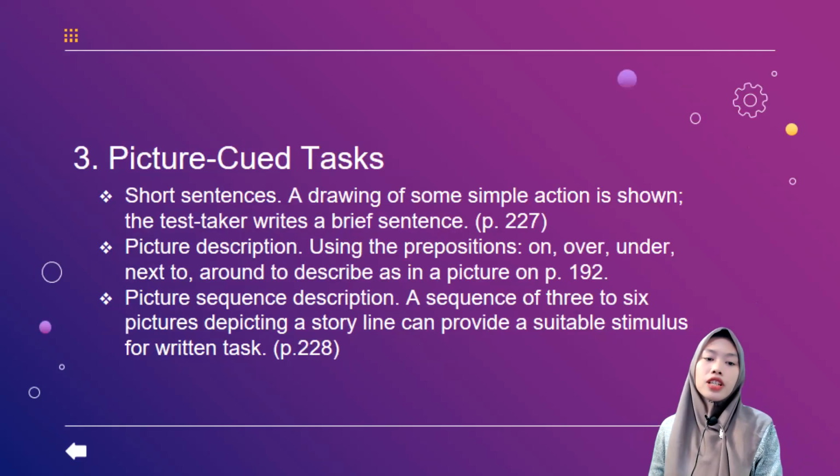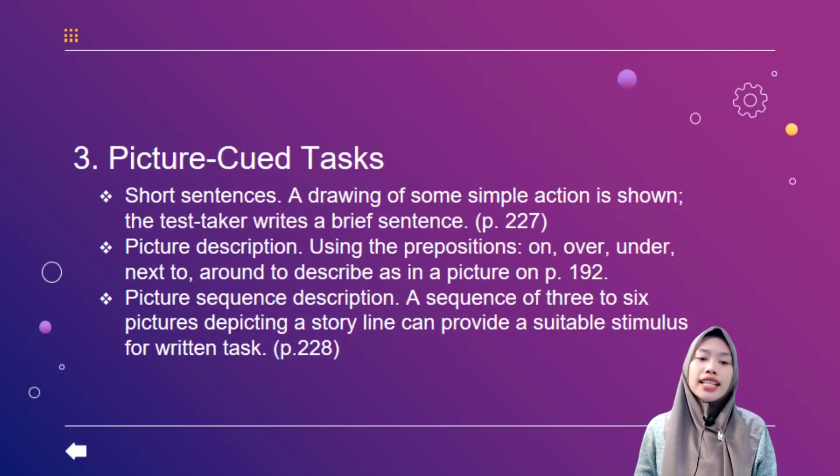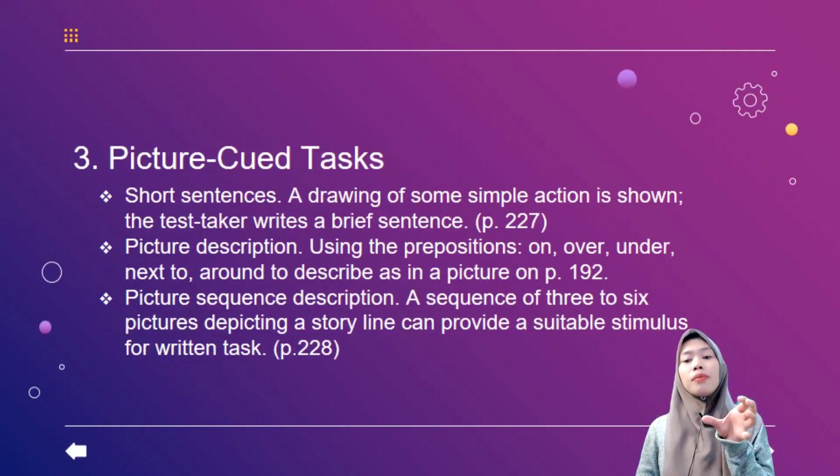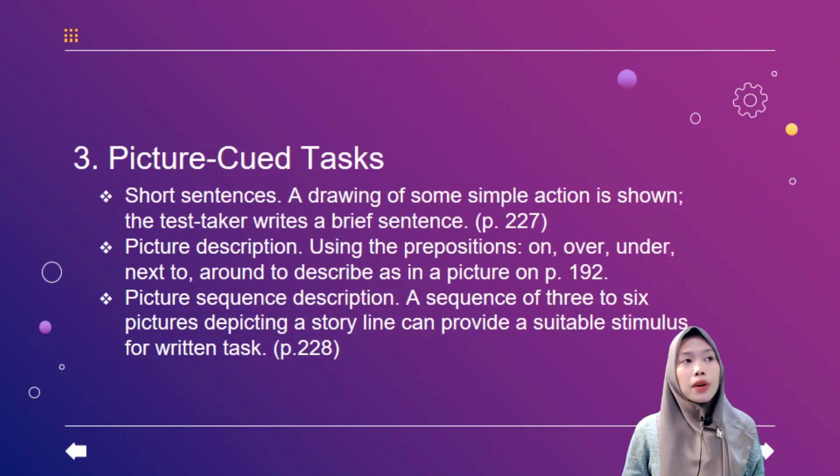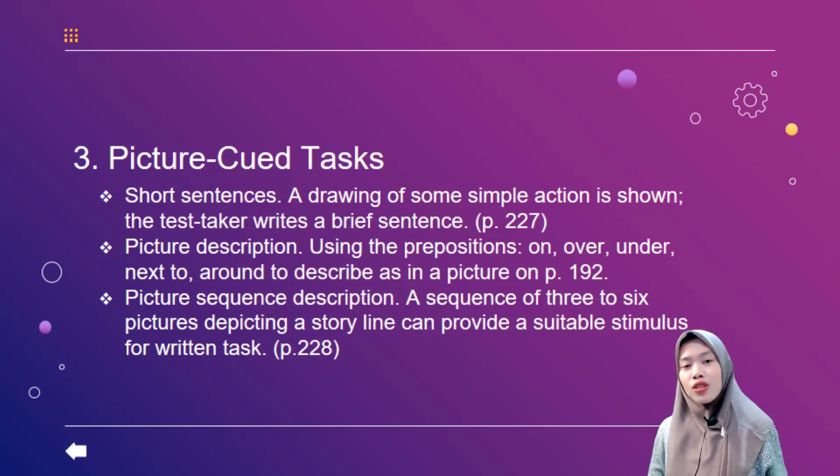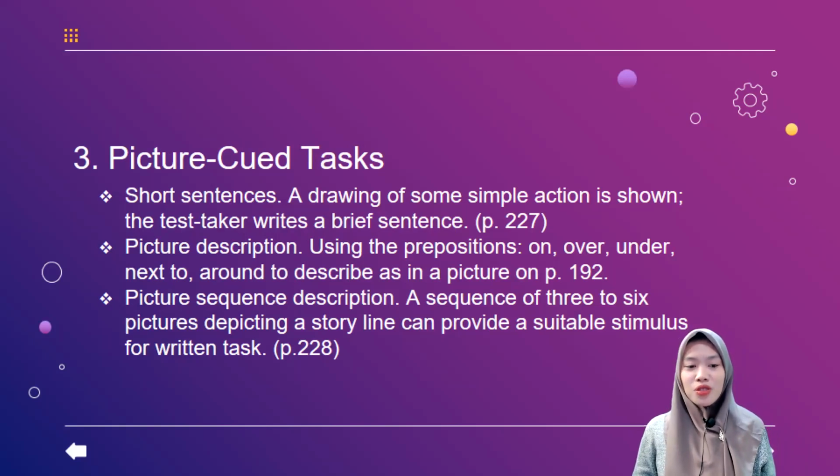And the third is the picture cue task. Short sentences: a drawing of some simple action is shown, and then the test taker writes a brief sentence. At book page 227, in Douglas Brown's Language Assessment: Principles and Classroom Practices.